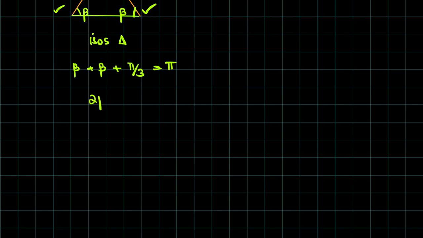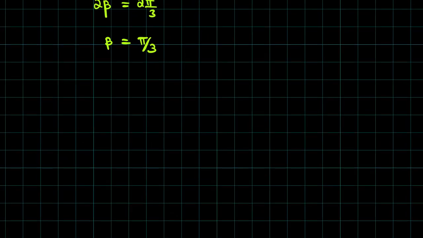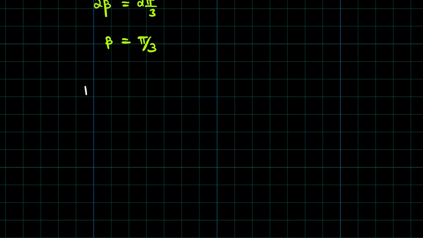Therefore 2 beta equals pi minus pi by 3, which is 2 pi by 3. Therefore beta also simplifies to pi by 3. That means if this is pi by 3, this is pi by 3, this is pi by 3, isn't this an equilateral triangle? Yes, I have proven that this isosceles triangle with a 60-degree angle actually becomes an equilateral triangle.